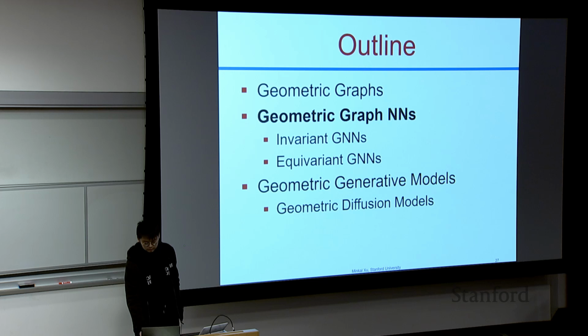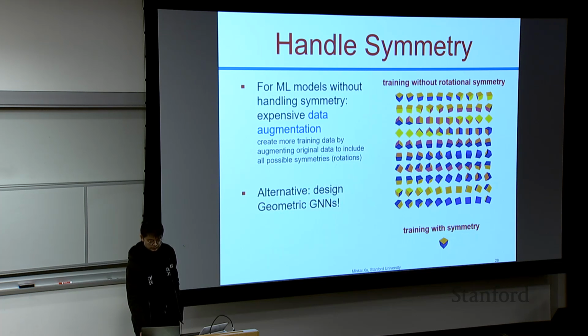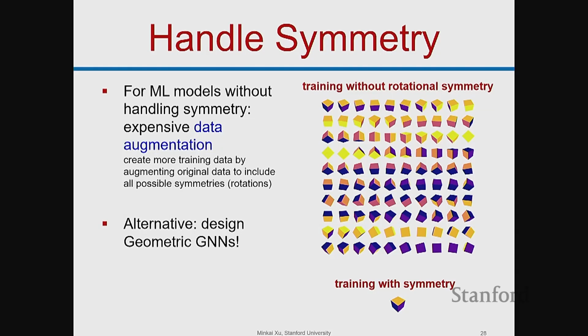Okay, so now let me introduce how to do graph neural networks for this kind of symmetric data. A naive way is, although our typical graph neural network couldn't capture the symmetry, we can do some data augmentation, right? This is also used a lot in computer vision when they do classification.